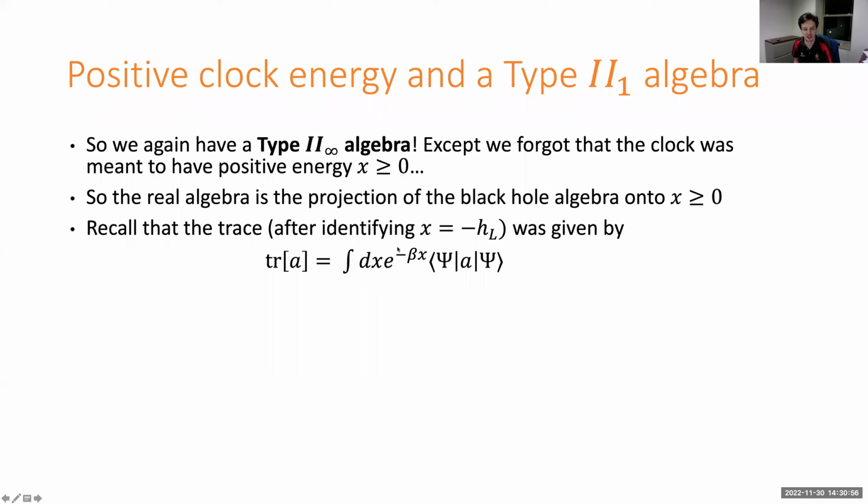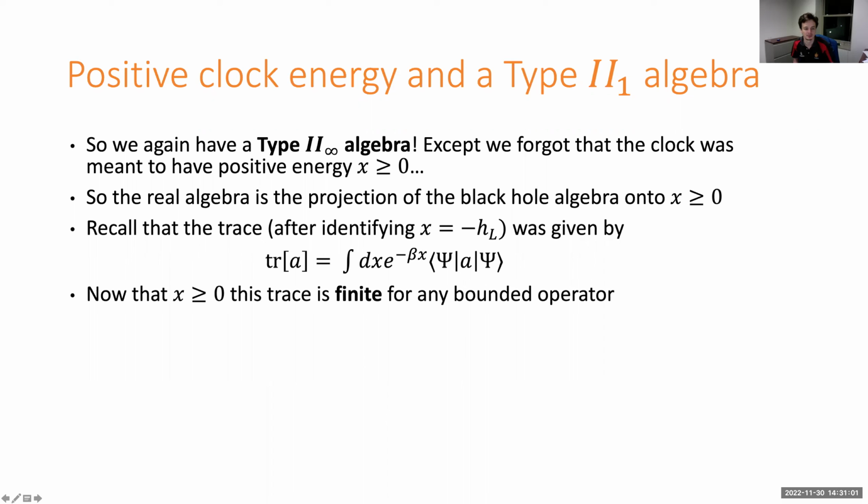Okay, the minus sign showed up because X is equal to minus h_L in this identification. However, now we're projecting this algebra so that X has to be greater than or equal to 0. So what that does is it means that this trace is in fact finite for any bounded operator. This expectation value will be a bounded function of x, and then this e to the minus beta x integrated from 0 to infinity will always converge and give you a finite answer.